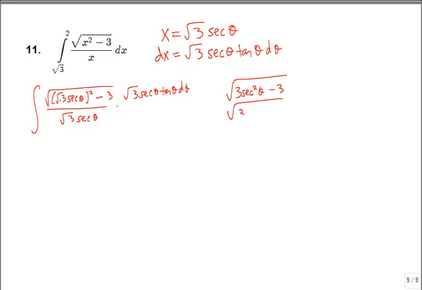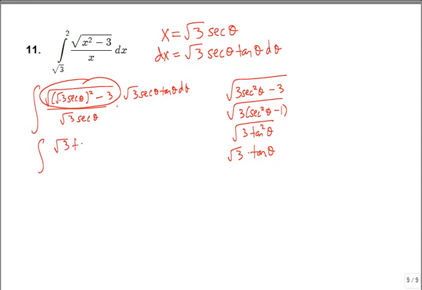So when I factor out the 3, we are left with secant squared theta minus 1, which becomes a tangent squared theta. And then to reduce that, the square root of 3 stays put. We can't really reduce that, but the square root of tangent squared just becomes tangent. So all of this becomes root 3 tangent theta.